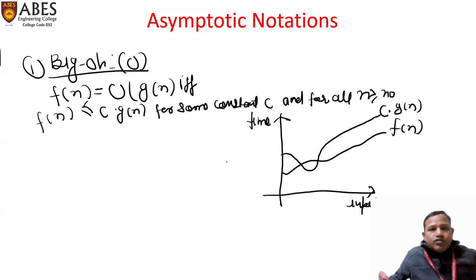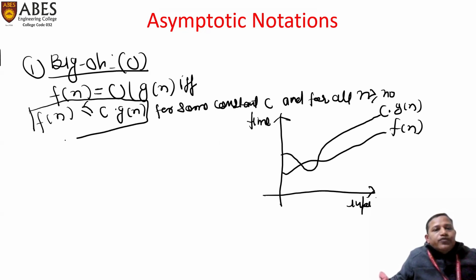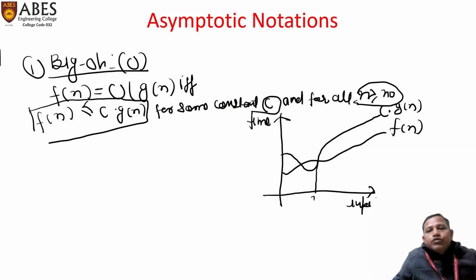Here f(n) is less than or equal to c into g(n). Then we can see that this inequality is satisfied for some constant value c and for values starting from n0 onward, where n0 is the initial value from where this equation is satisfied.